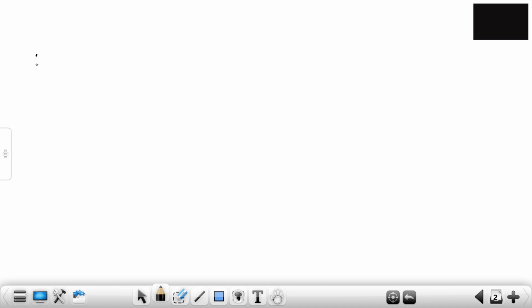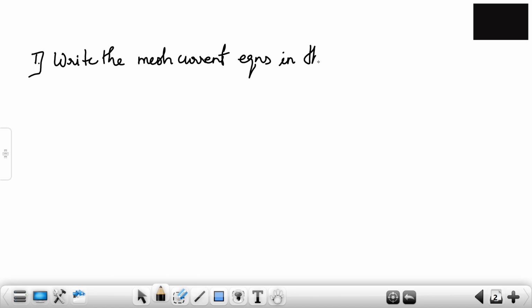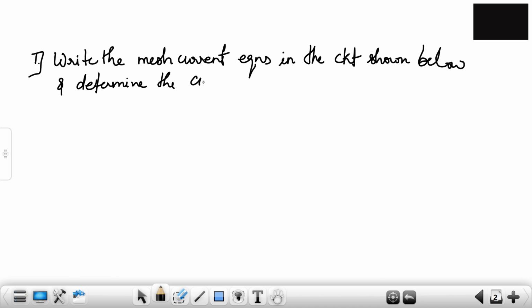You have to write the first problem: write the mesh current equations in the circuit shown below and determine the currents. Let's draw the circuit.